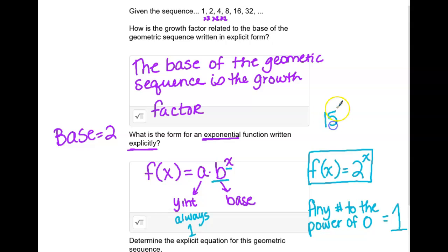So 15 to the power of 0 is equal to 1. 397 to the power of 0 is equal to 1. Negative 648.3 to the power of 0 is equal to 1. So anytime that your exponent is 0, your answer is going to be 1.